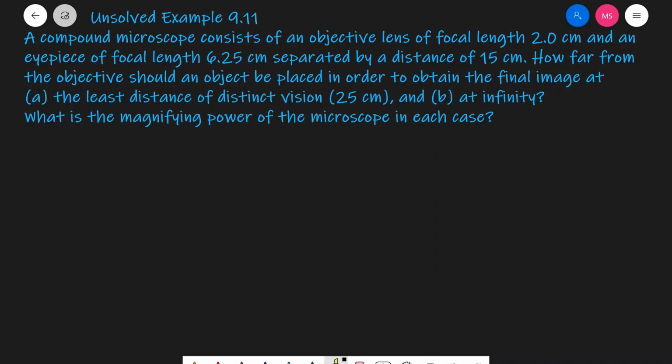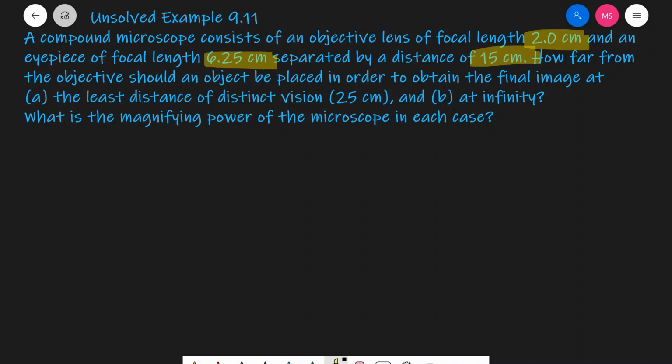So in this example, the focal length of the objective lens is given as 2 cm, while the focal length of the eyepiece is given as 6.25 cm. Both these lenses are kept at a separation of 15 cm, that is, the distance between the two lenses is 15 cm.